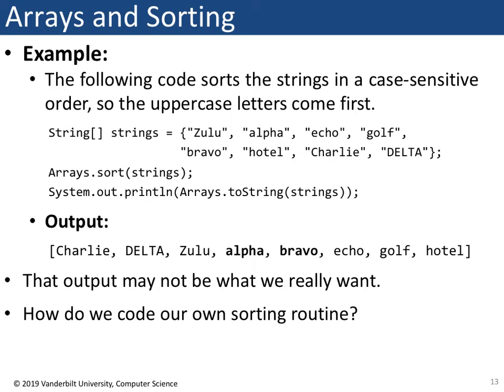So notice, it's in alphabetical order, but uppercase occurs before the lowercase. So Charlie, Delta, Zulu, then lowercase Alpha, Bravo, Echo, Golf, Hotel. So what if we wanted this to ignore case so that it was strictly alphabetical? How could we code such a sorting routine?